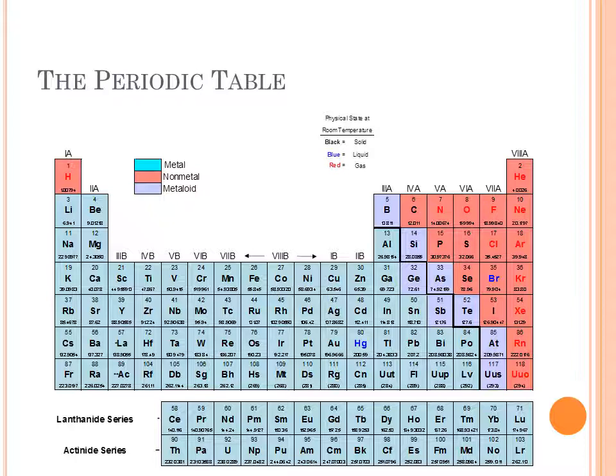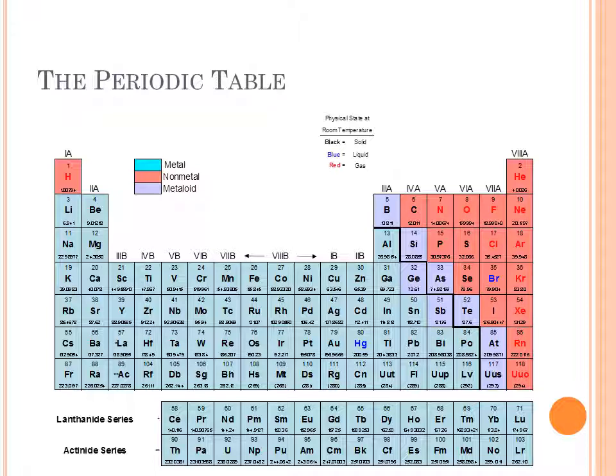All those with symbols in black are solids, so you see most of those metals are solids, and the reds are gases. You can see many of the nonmetals are gases, and the blues are liquids. There's only two elements at 25 degrees Celsius that are liquids, and that's bromine and mercury.